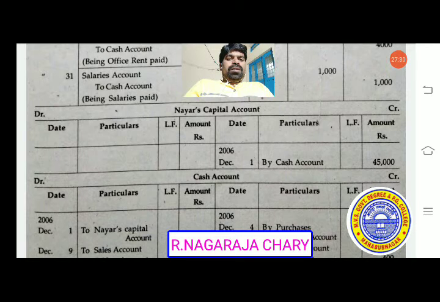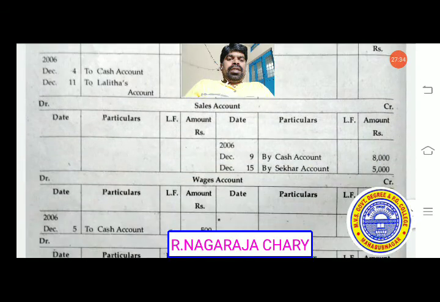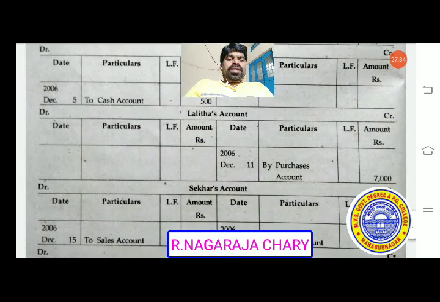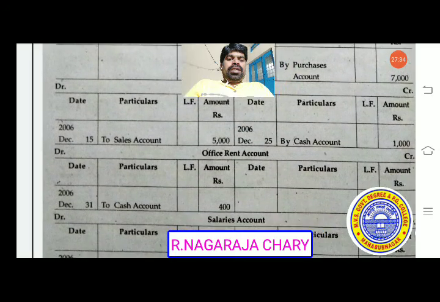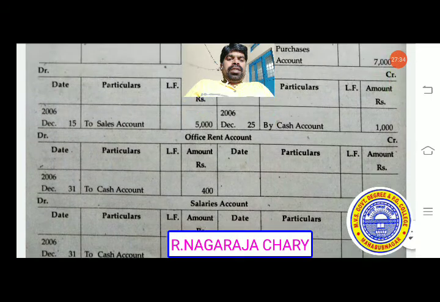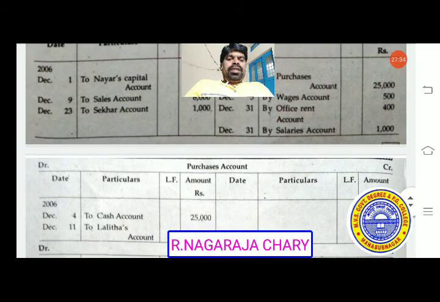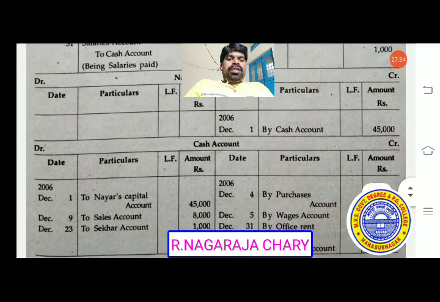Here you are observing Nair capital account, cash account, purchase account, sales account, wages account, Lalita account, Shekhar account, office rent and salaries account. These are the accounts, these are the items, these are the aspects.